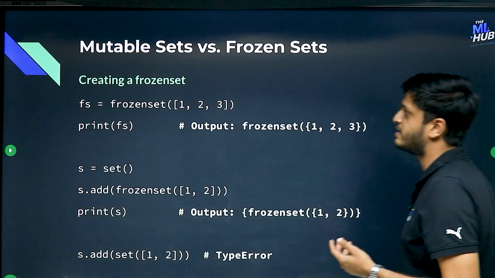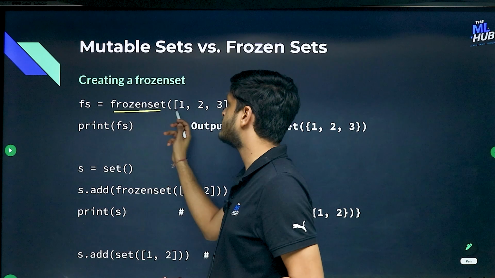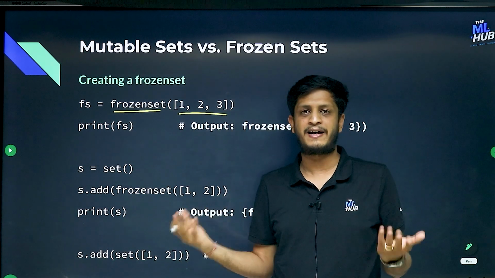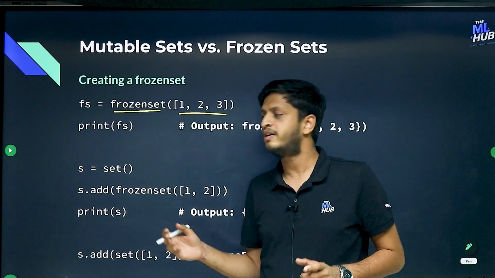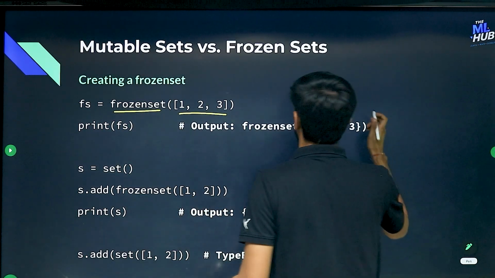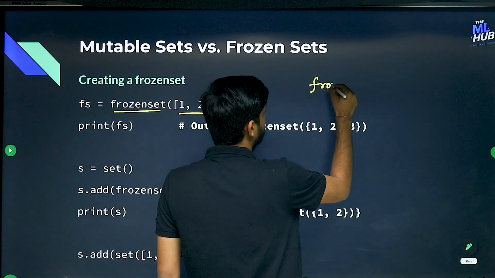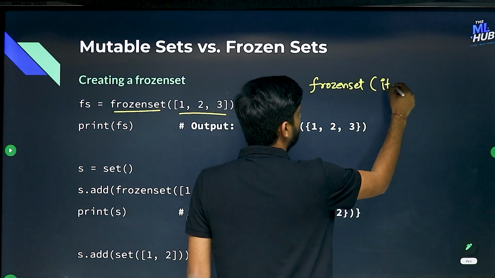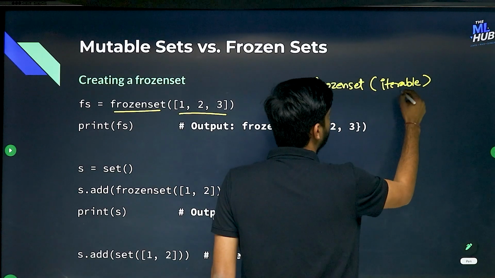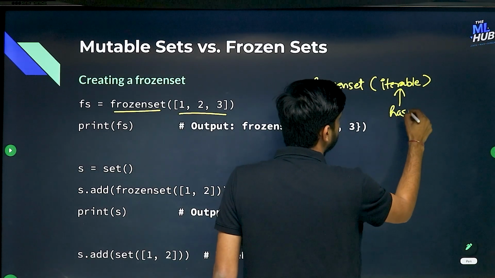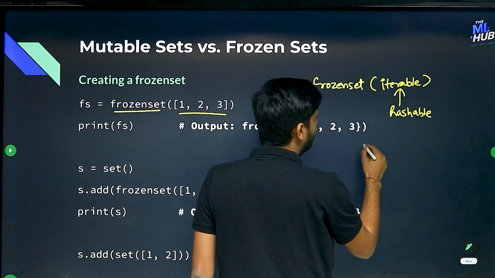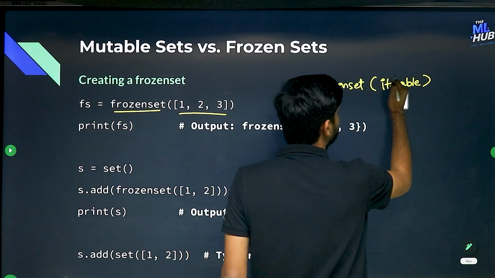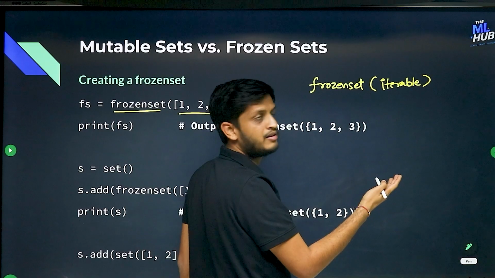So how to create a frozen set? Very simple. Just write frozenset of 1, 2, 3 using a constructor. You cannot create it directly using curly brackets or anything. You have to use the constructor, which is just frozenset. You don't need to add any library. You give it any iterable, and the items in the iterable must be hashable, just like with set.